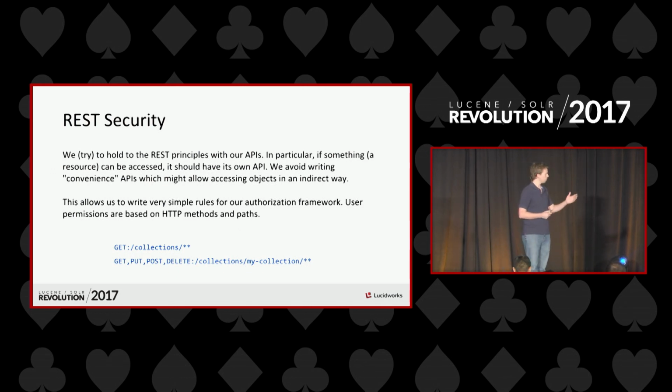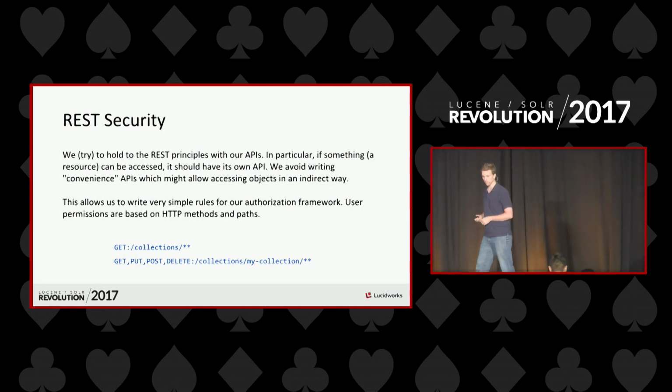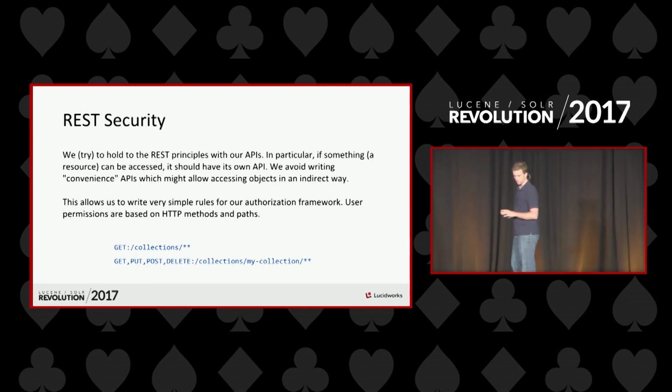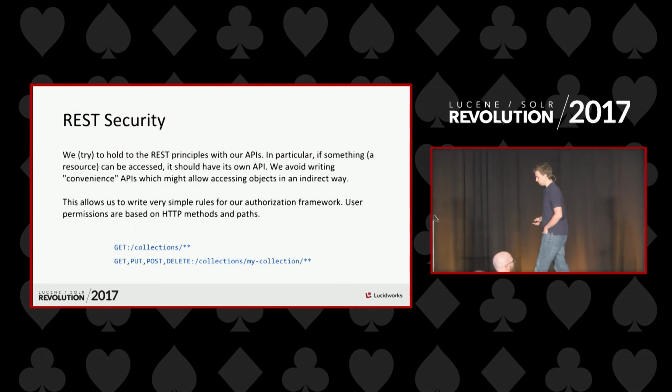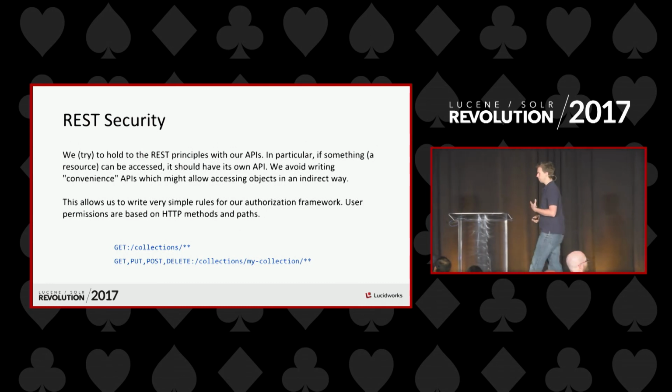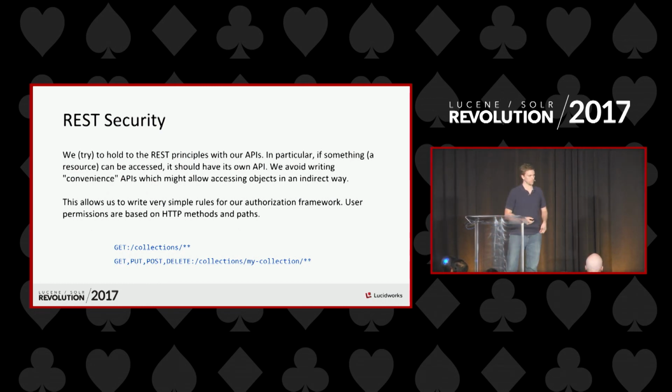And so that allows us to greatly simplify our security model to just saying, okay, your permissions are essentially what HTTP methods you can use and what paths. And we do some wildcard things to make it a little bit more convenient. We decided to do this pretty early in the project, and it's made life very, very nice in terms of not having to deal with all kinds of weird security things.